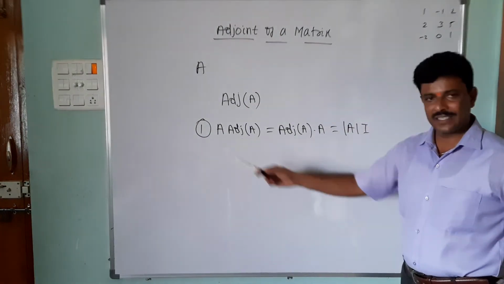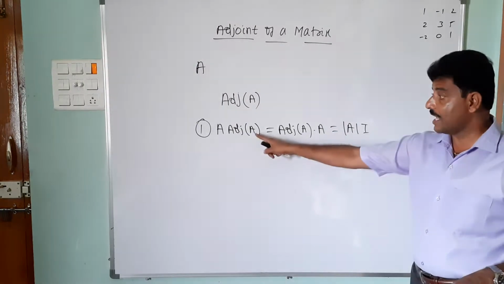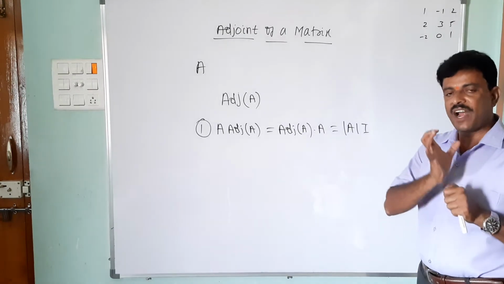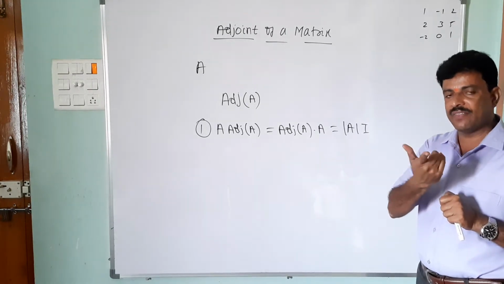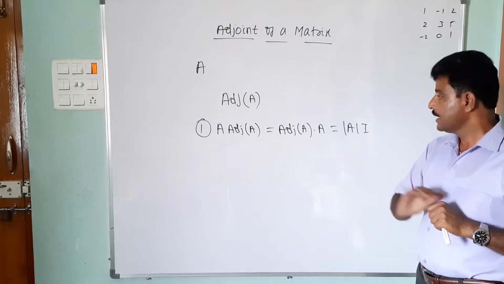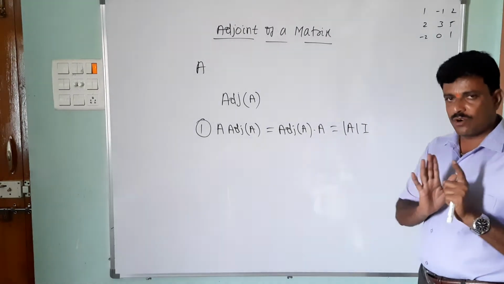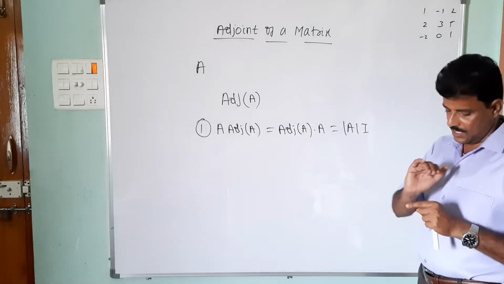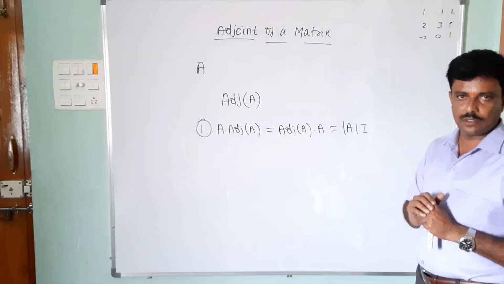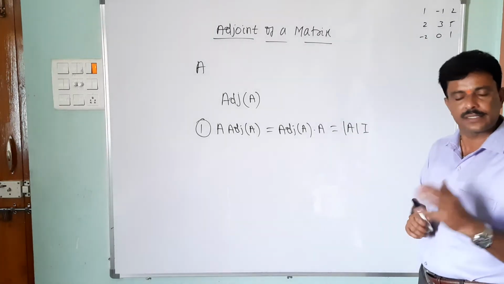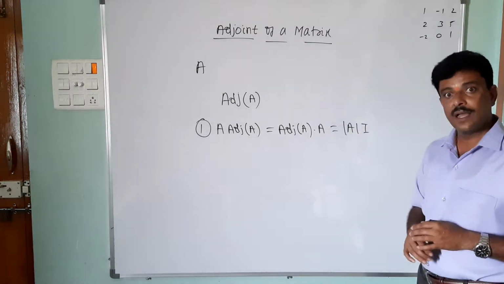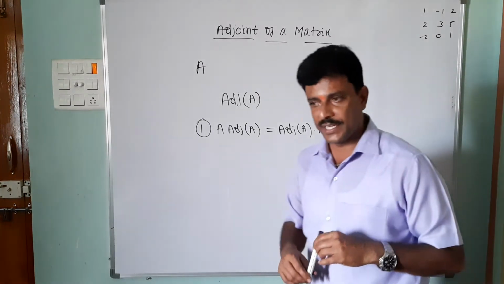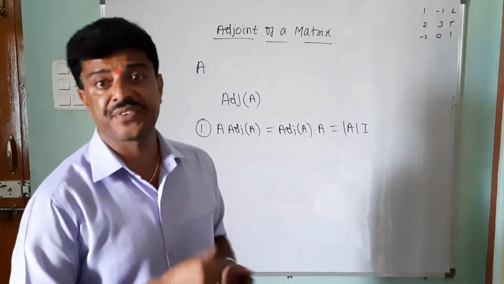A is a square matrix. Adjoint of A means we find the cofactors and then find the adjoint of A. Determinant of A, you know: for a given square matrix, you evaluate along the first row to get the result, that is the determinant of A. I means the identity matrix, which we already explained in the matrix definitions.